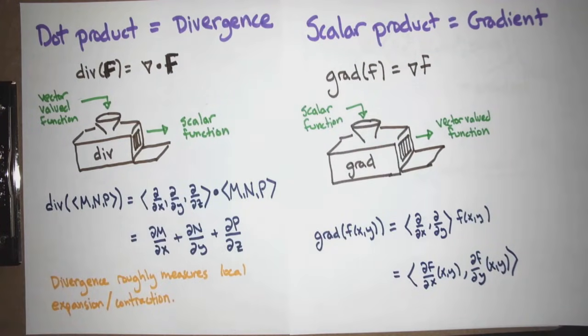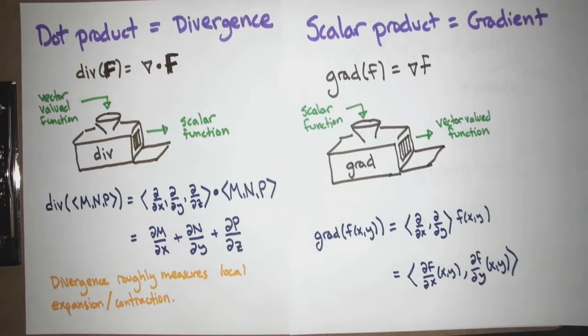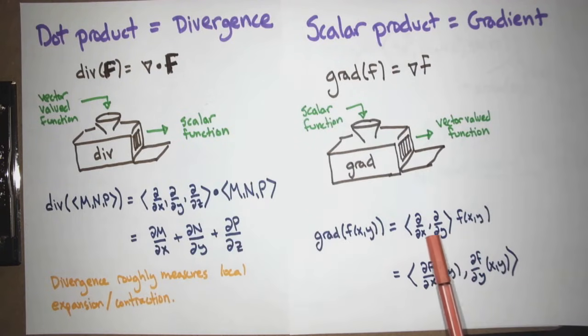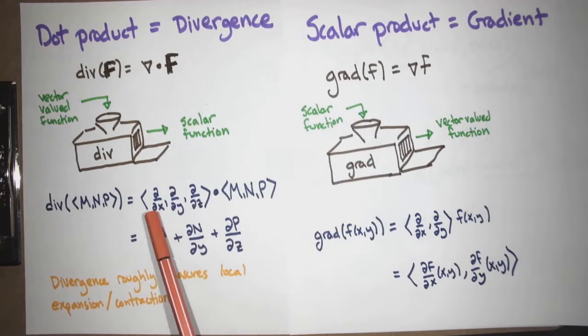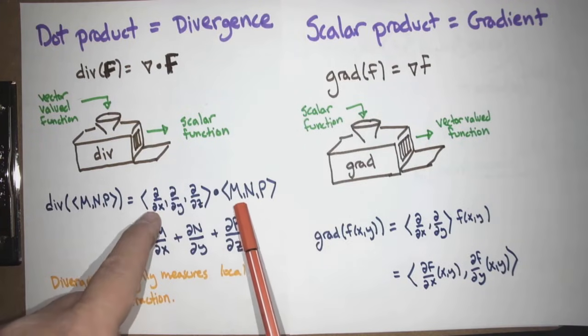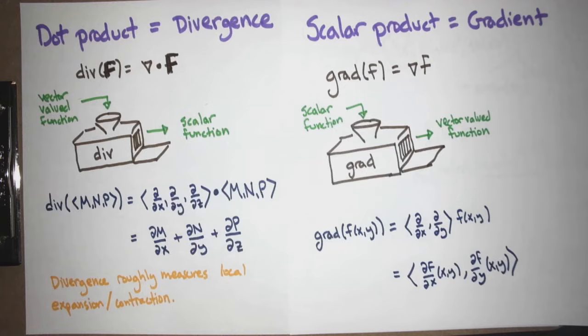Another difference is that we're using partial derivatives because the del is always about partial derivatives. However, in the gradient we're taking different partial derivatives of the same thing: partial f partial x, partial f partial y. In this case, we're taking different partial derivatives, but each one is attached to a different slot: partial m partial x, partial n partial y, partial p partial z. So there are differences.